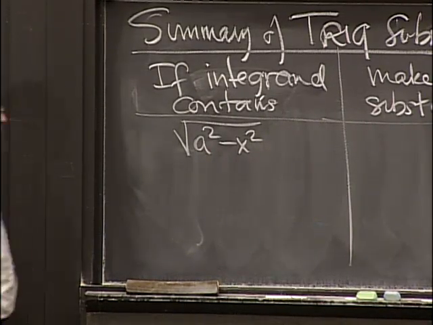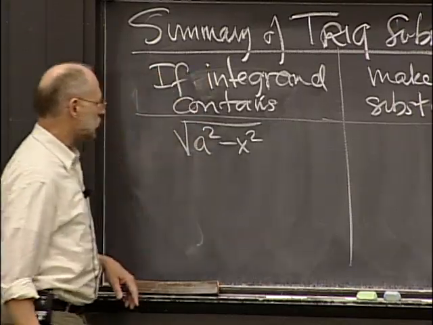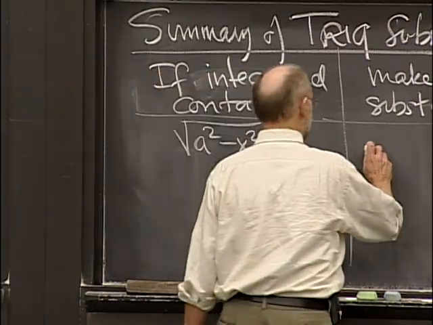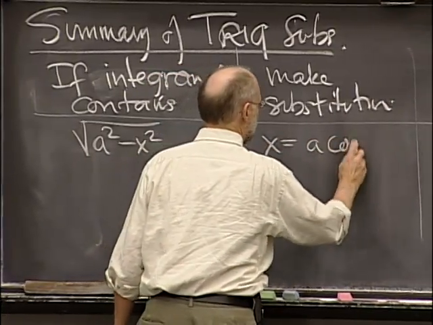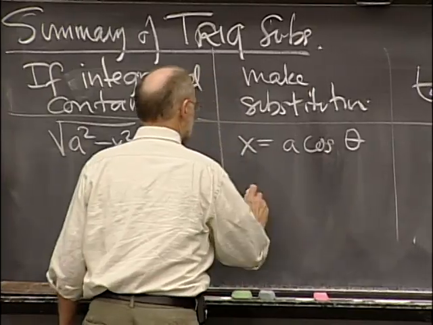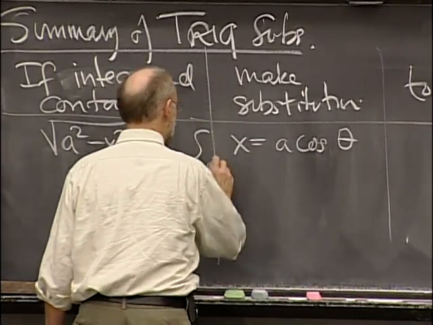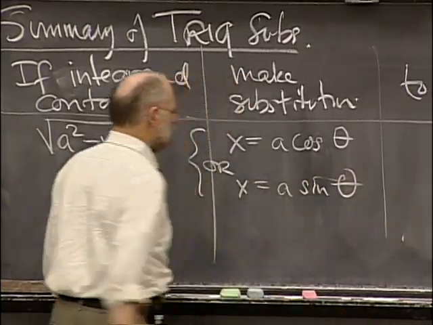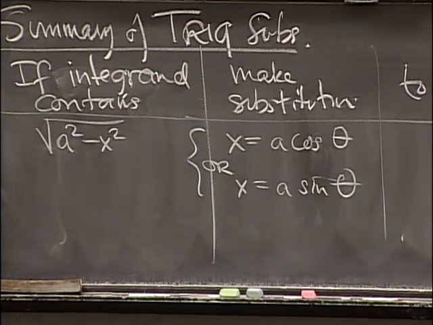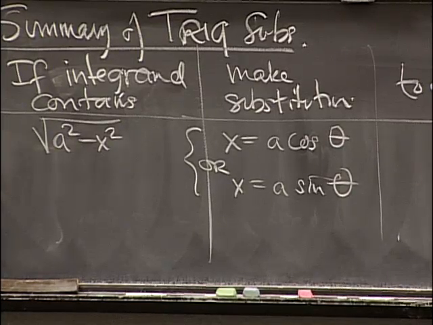when I was trying to find the area of that piece of a circle. There, I suggested that we should make the substitution x is a times the cosine of theta, or x is a times the sine of theta. Either one works just as well, and there's no way to prefer one over the other.